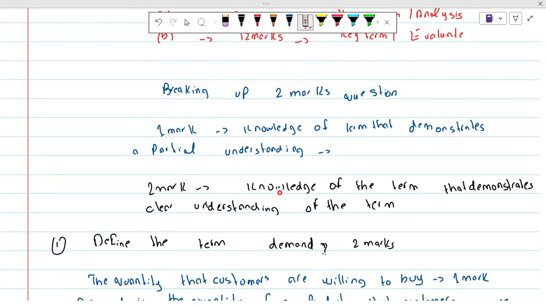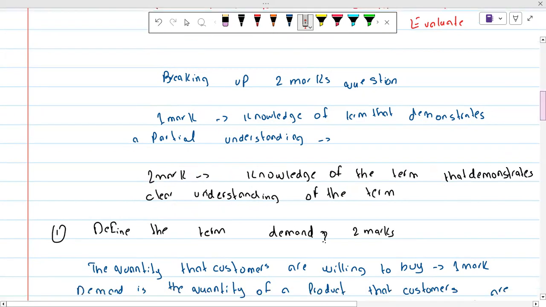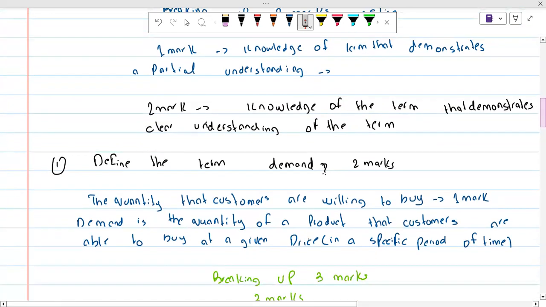And if you write knowledge of the term that demonstrates clear understanding of the term, you will get 2 marks. Now I am going to help you understand what limited knowledge is, and what clear understanding or clear knowledge is.